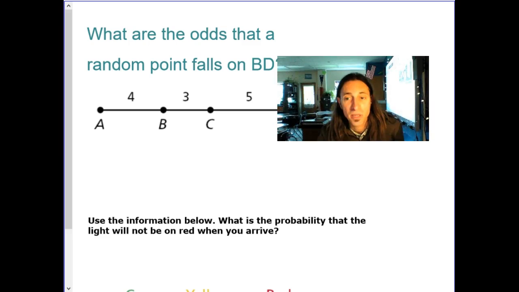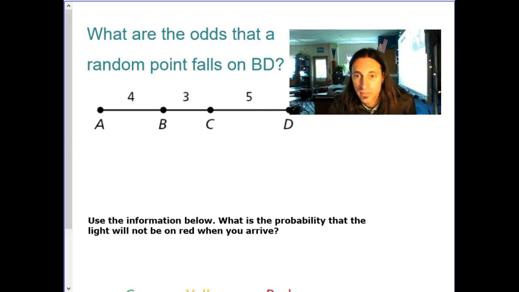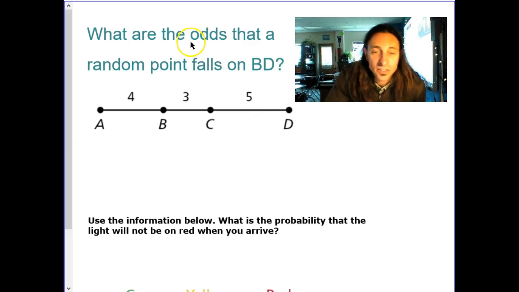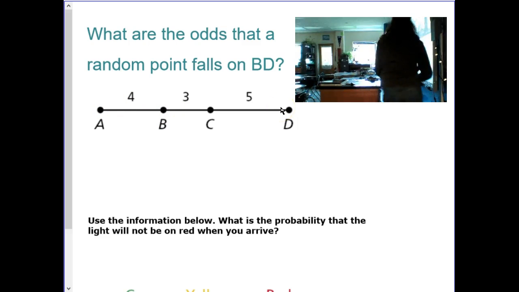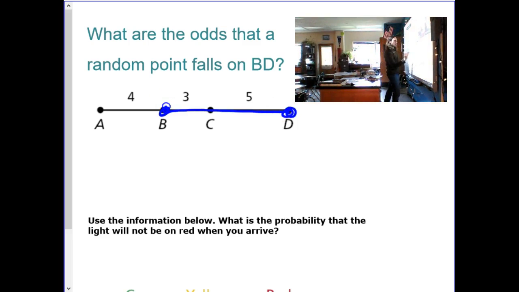Okay, so let's apply this in the real world. Let me get my face out of the way. What is the probability that a random point falls on BD? So I'm saying, what's the probability that a random point falls between here and here? Well, the entirety of it is 4 plus 3 plus 5, and I'm really only concerned with the 3 plus 5 portion of it.